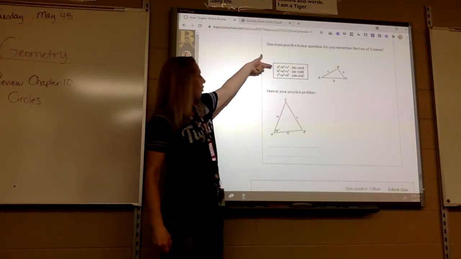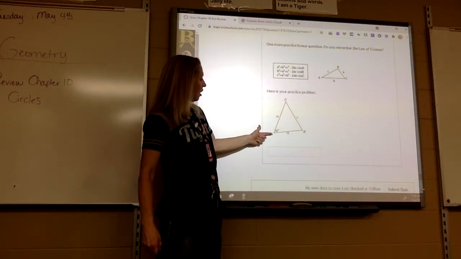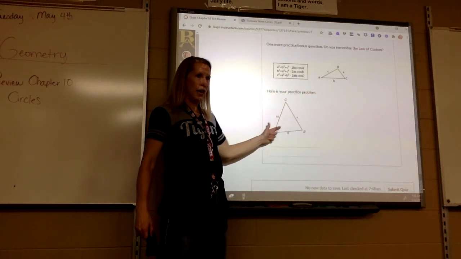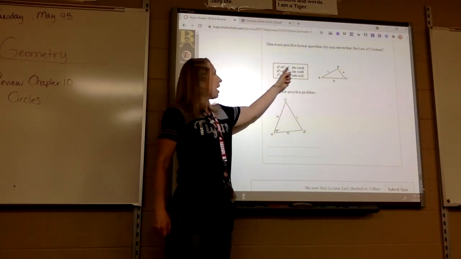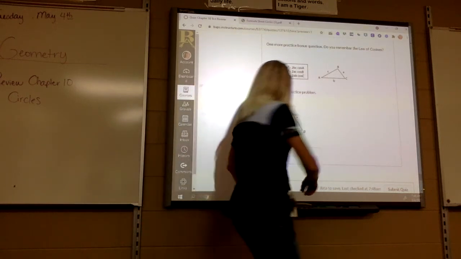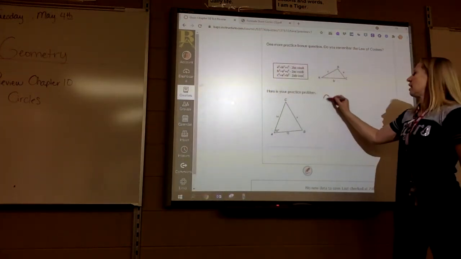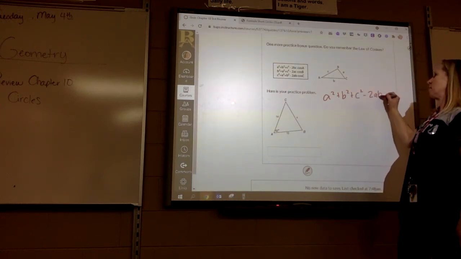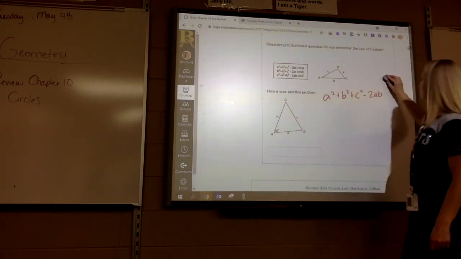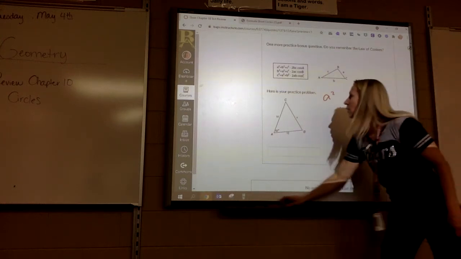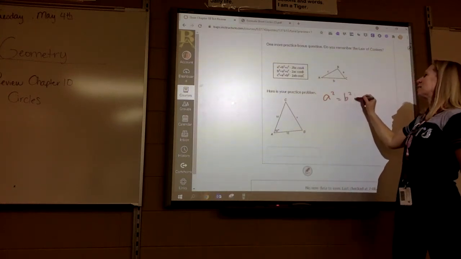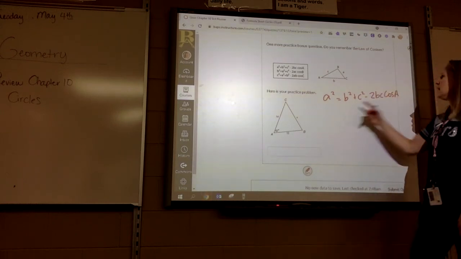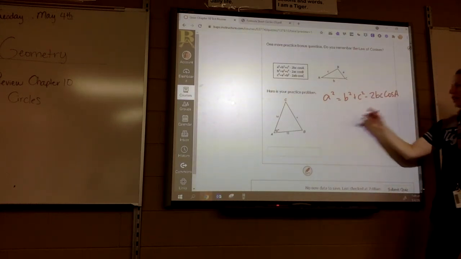So I'm going to use this top one because the x is across from angle A, so that would be side A. So I've just got to plug everything in here. A squared equals b squared plus c squared minus 2bc cos A. So you just plug everything in.